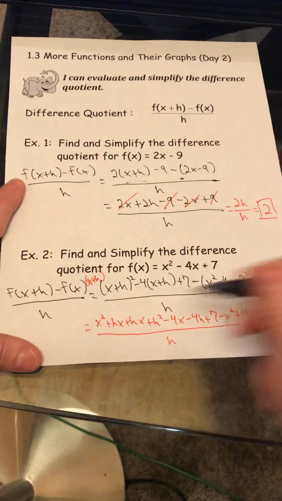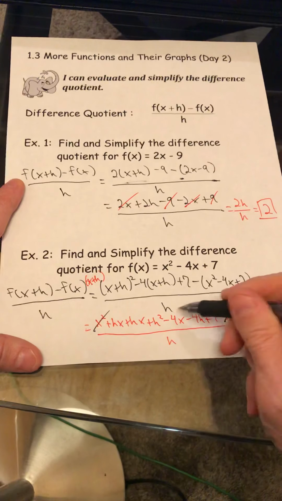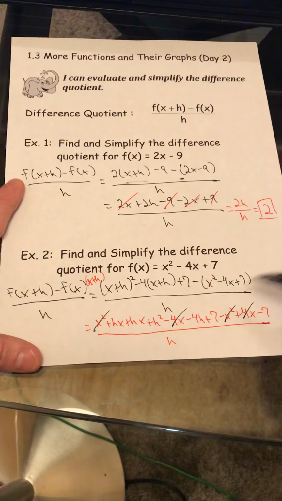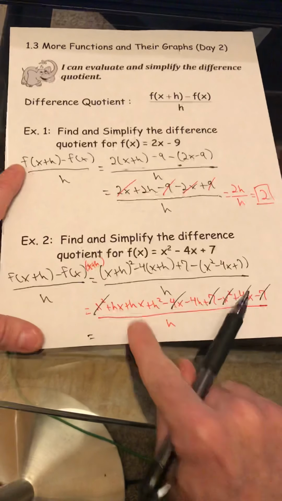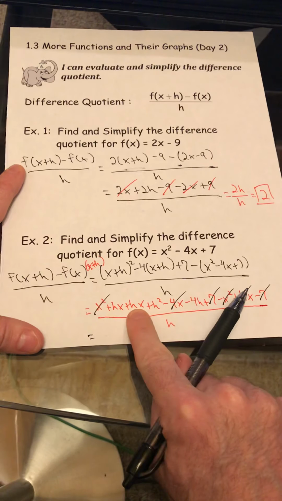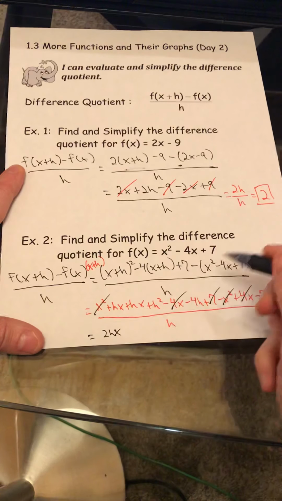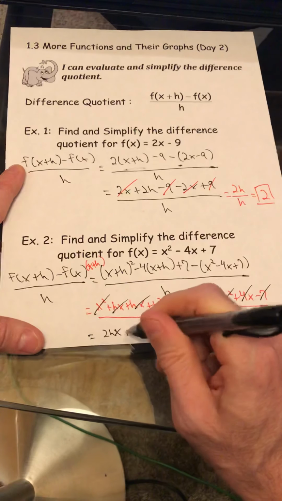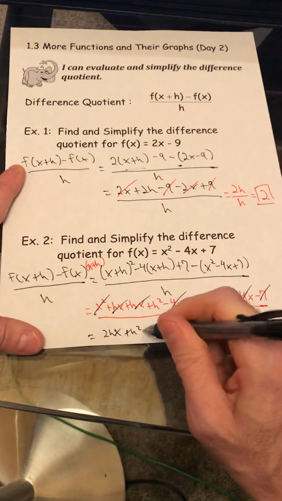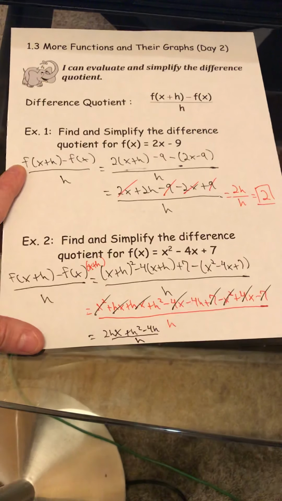So the x squareds will cancel, the 4x's will cancel, and the 7's will cancel. So that leaves us hx plus hx is 2hx, plus h squared minus 4h all over h.